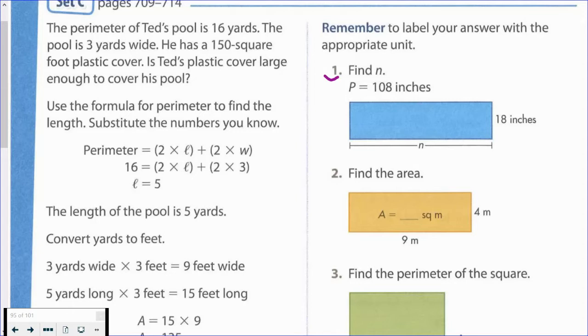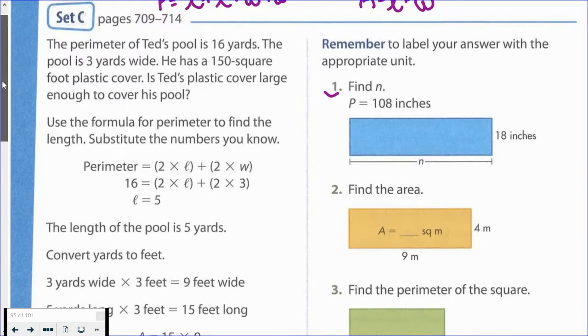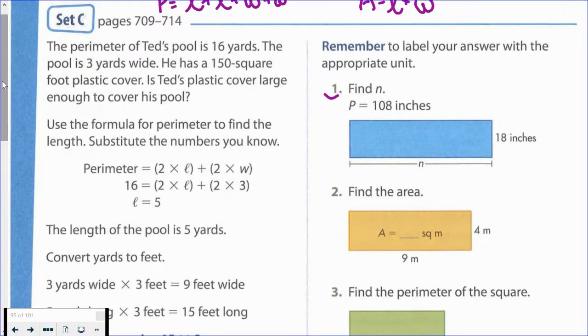So number 1 says find n. We know the perimeter is 108 inches. We know this one side here is 18 inches. So if you remember from our work on this in the math book, we started with the formula. We're given perimeter, so let's start with the perimeter formula. Perimeter equals length plus width plus length plus width.